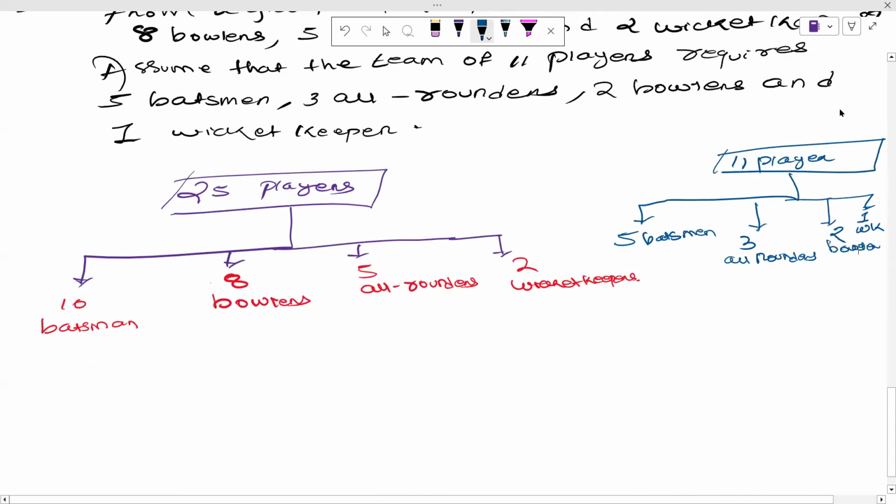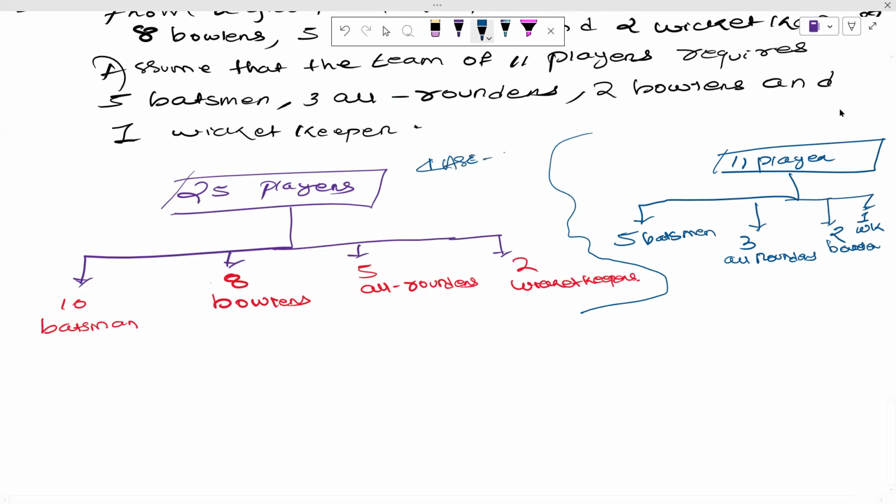So this is the first case, and this is case number 2.